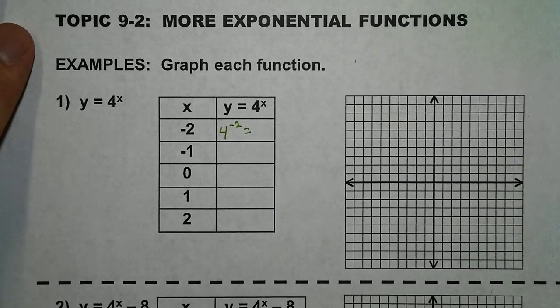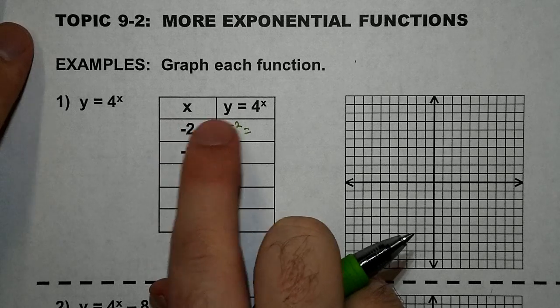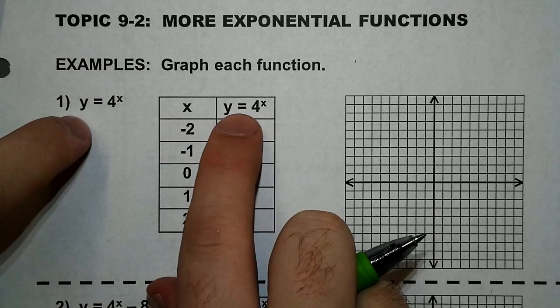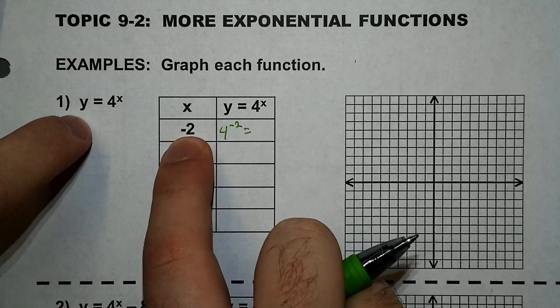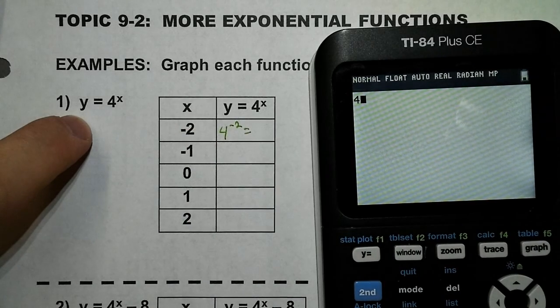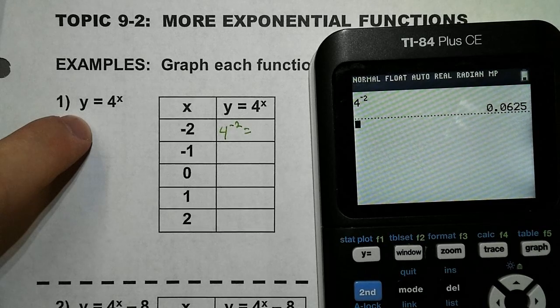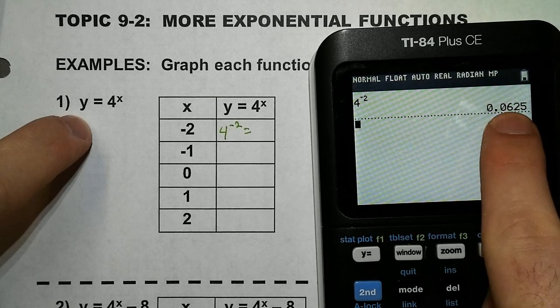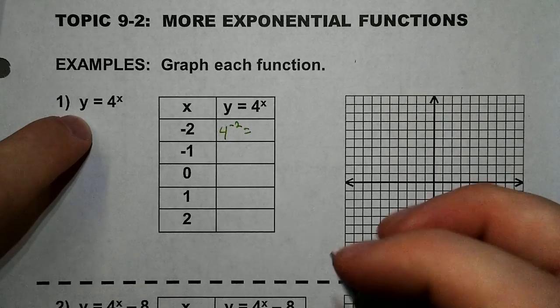And here we go. So to get the y values here on y equals 4 to the x, we've got 4 to the -2, and when you do 4 to the -2, you get 0.0625.